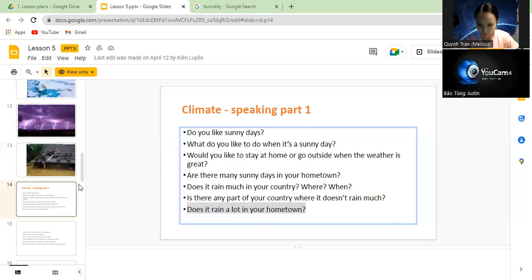It rains a lot in my hometown because I'm living in a tropical country. A tropical country, so I experience not only high humidity, but also high precipitation.